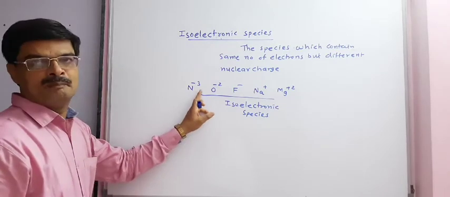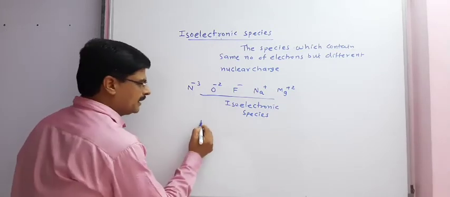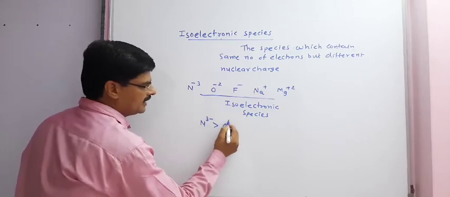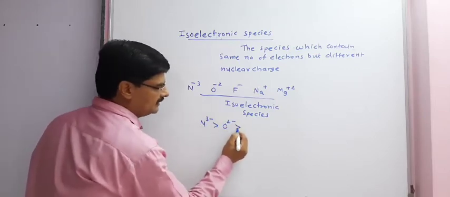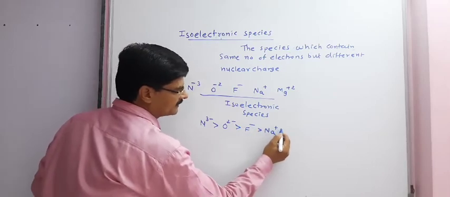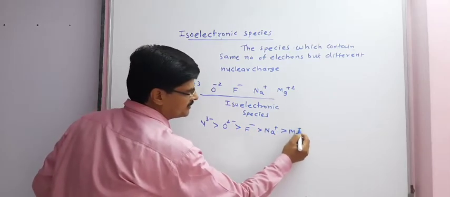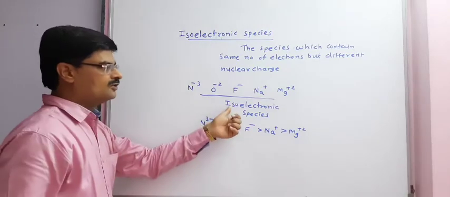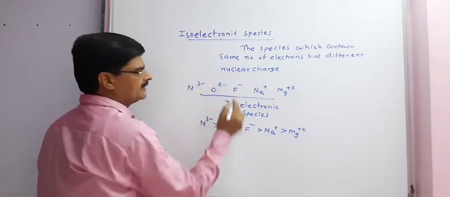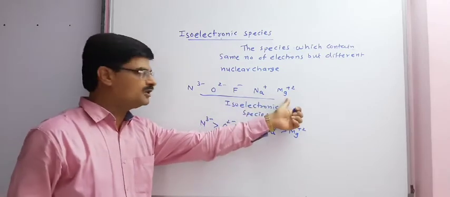If we want to compare their size, we can compare N3 minus, O2 minus, F minus, Na plus and Mg2 plus.